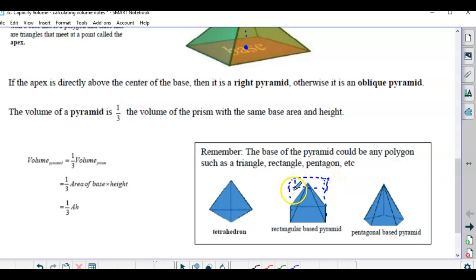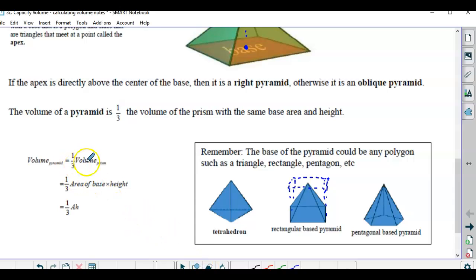Oh, it's hard to show that. Then this pyramid, if we filled that up with water, it would fill up that prism 3 times. So the pyramid is 1/3 the volume of the prism with the same base.